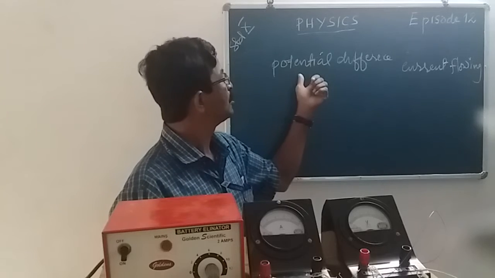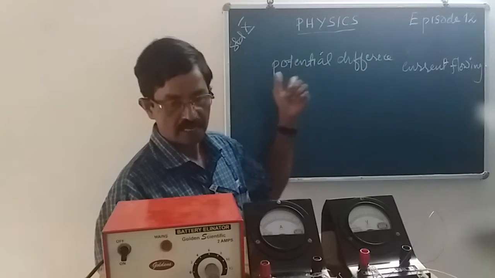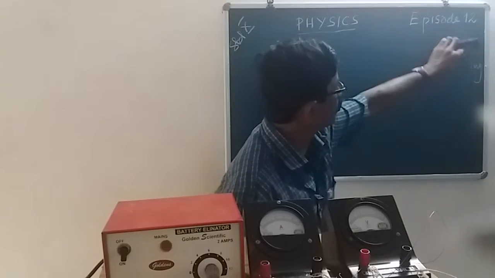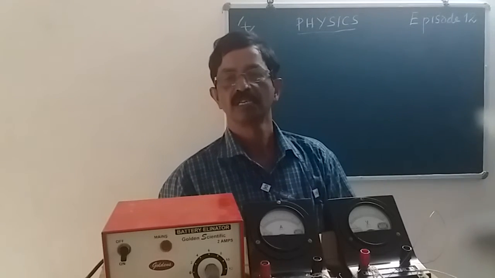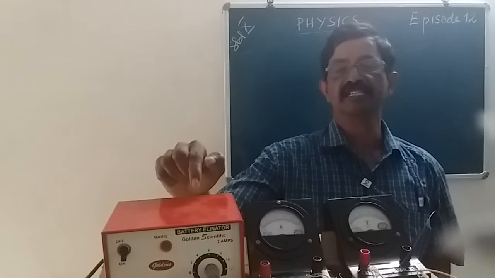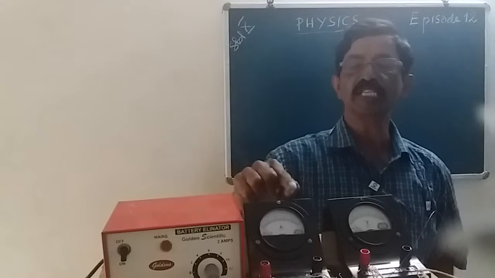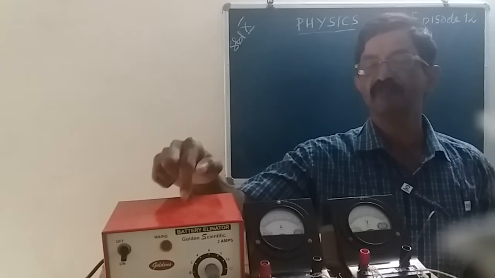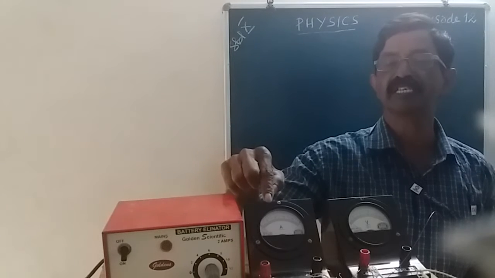For that, we can do an experiment. Here you can see a battery eliminator and the ammeter. From the positive of the battery, we connected to the positive of the ammeter.